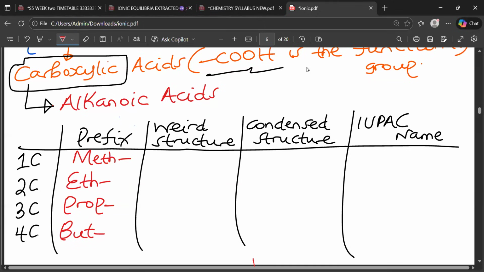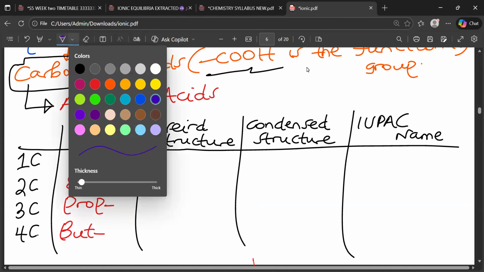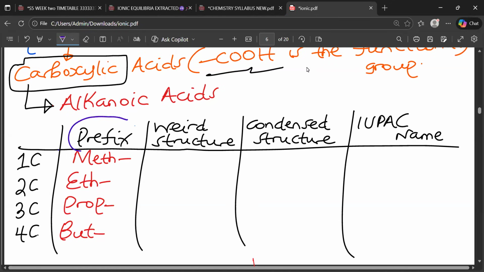If you're lying to me and you never attended that class, you cannot tell me the roles of those prefixes. Who recalls the roles of these prefixes? What do they replace?